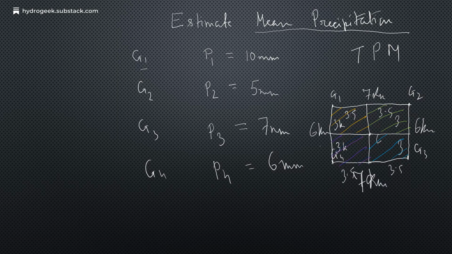This area is connected to G1, or it is surrounding G1. Let this area be A1. And let this area, as it is surrounding G2, be A2. Similarly, this will be A3 and this will be A4.